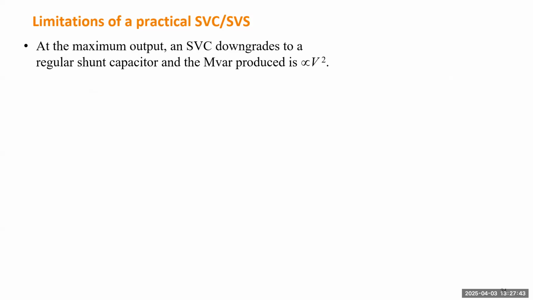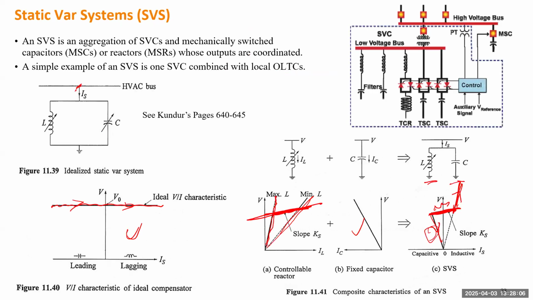Once it reaches the limit, it will downgrade to just a regular shunt capacitor or regular shunt reactor, which means its VAR will be proportional to V squared. It still gives you some rated power. It still operates in the second quadrant, but it will follow the characteristic of a shunt capacitor.